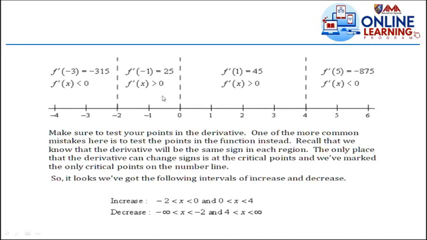So with that, we can say that for the increasing part, x is greater than negative 2 but less than 0, it is increasing. And also another part, x is greater than 0 but less than 4.